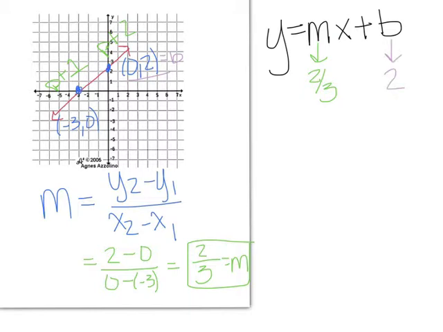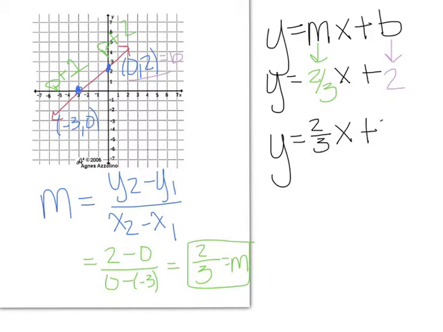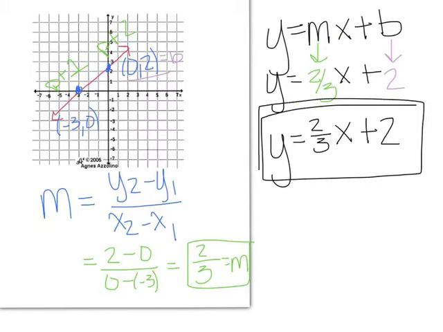That's physically where the line intercepts the y-axis. So let's bring everything else down. So in the end, we have y equals 2/3 x plus 2 is the equation for the line that we see drawn on the graph.